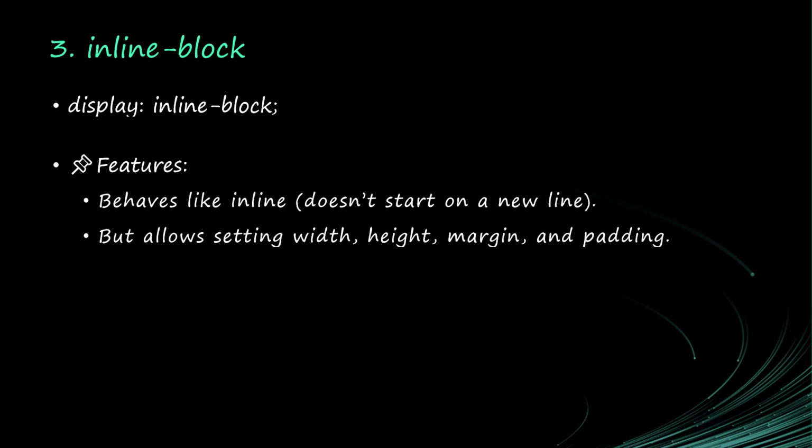If you say that an element is inline block, let's assume that we now change the display of the EM to be inline block instead of, by default, inline. It will still behave as an inline element. That means it will not start on a new line, but the width, the height, the margin left, the margin top and bottom, and padding top and bottom will be applied. Remember, by default it's inline, so width and height do not apply to them.